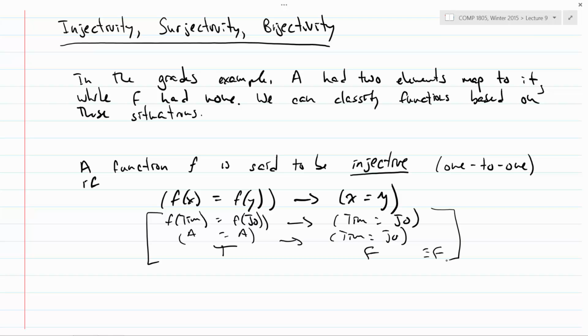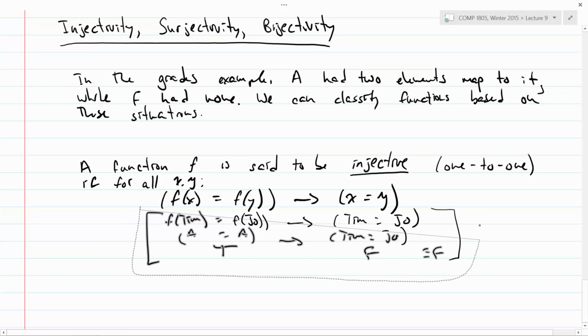Okay? I didn't say it, but this is a universal quantification. So if for any x and y, or I guess to be completely clear, I should say for all x and y. Okay? Just so we don't get confused, I'm going to remove this example here.